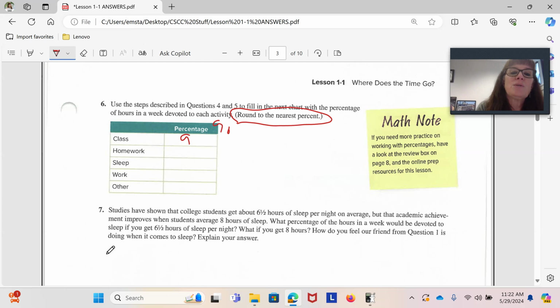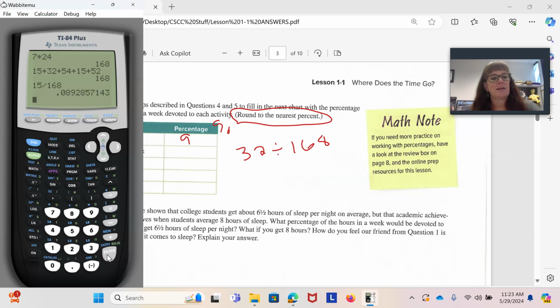Homework was 32 hours. And we have to divide that by the total hours in a week, which is 168. So we'll pull out the calculator and take 32 divided by 168. And I get 19.190, which is 19%.